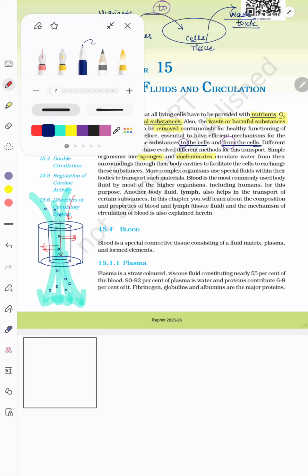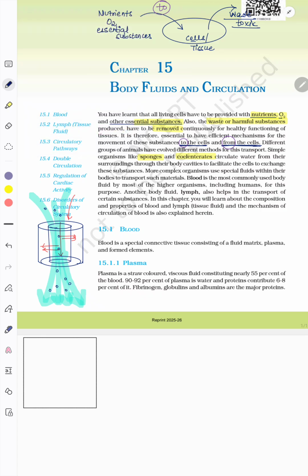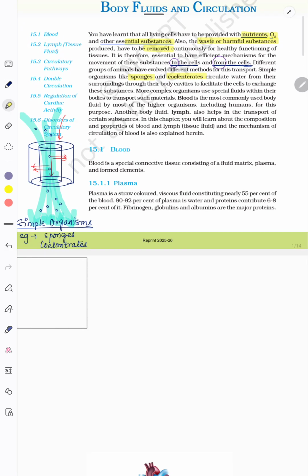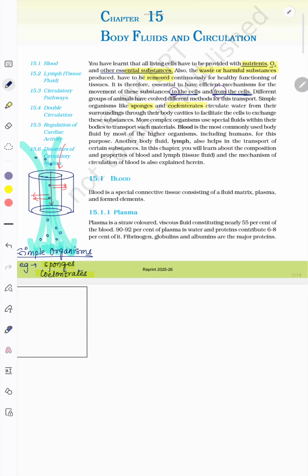So which organisms follow this? Simple organisms like sponges and coelenterates, right? Okay, you remember these two words, sponges and coelenterates.